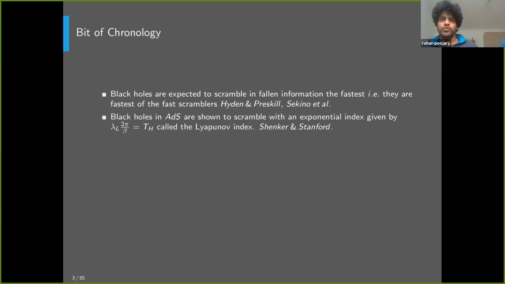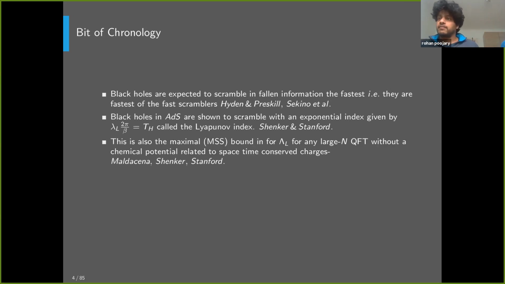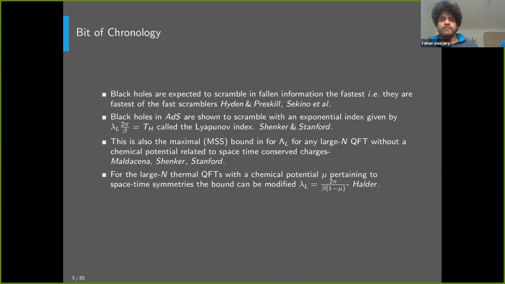Shenker and Stanford showed that it is 2 pi by beta for, let's say, a static black hole in 3 dimensions, and consequently there is a bound, the MSS bound, that any large N thermal CFT has to obey, which is bounded by its temperature. And for large N thermal CFTs with chemical potential, you have a slightly different bound, which was also observed for rotating geometries but only in 3 dimensions.